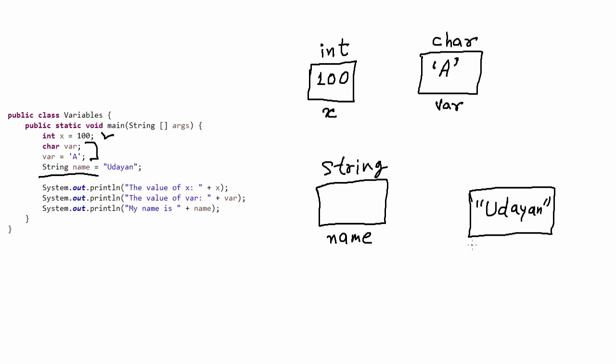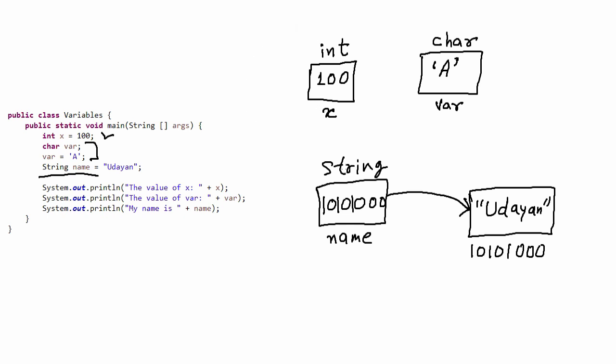And let us suppose the address of this location is 10101000. So at this location, 10101000 will be stored. So instead of writing this memory address, we point an arrow to indicate that this address is pointing to this memory location.